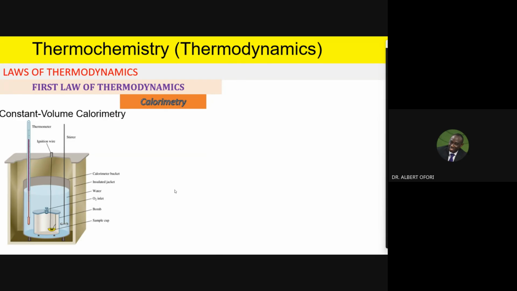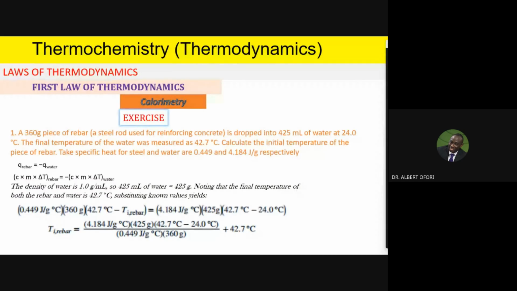So if that's the case, then the volume is the same as the mass. Here they said they dropped that bar in a 425 volume of water, which is 425 mL. So I need the mass to calculate the heat of that water. I needed to change this to mass. That's why I brought in the density, so that I can get the mass of the water.